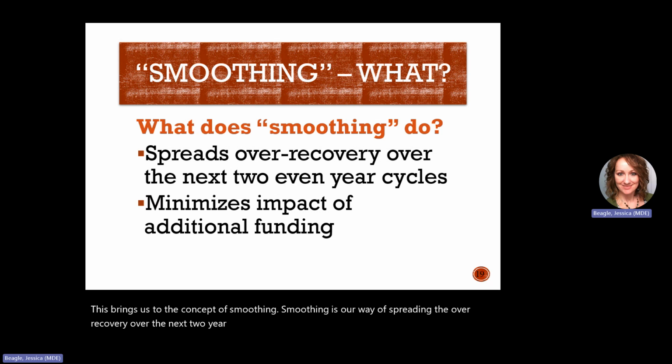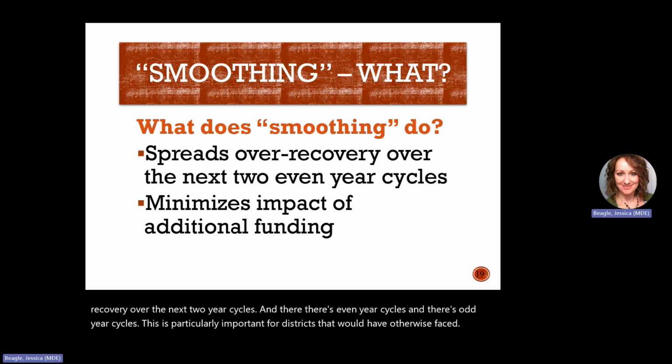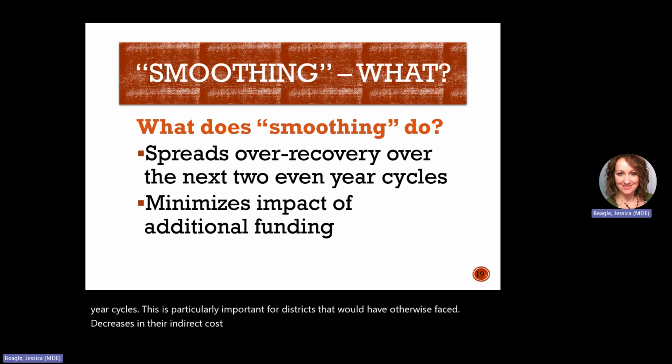And there's even year cycles and there's odd year cycles. This is particularly important for districts that would have otherwise faced drastic decreases in their indirect cost rates. By doing this, we minimize the immediate impact of the influx of funds on indirect rates, making the transition smoother and more manageable.